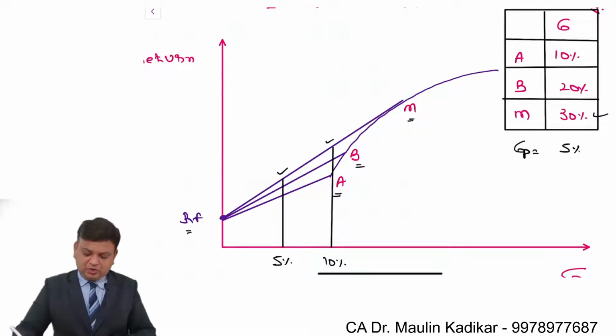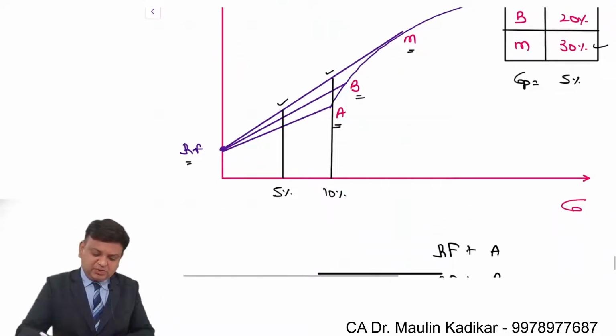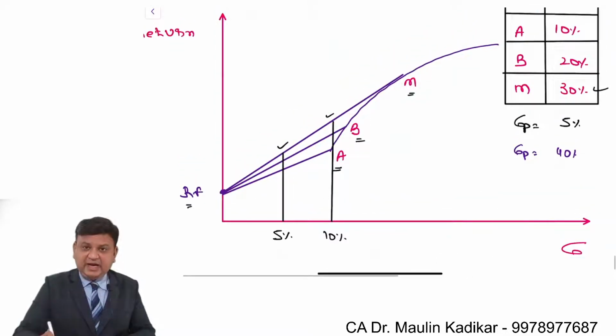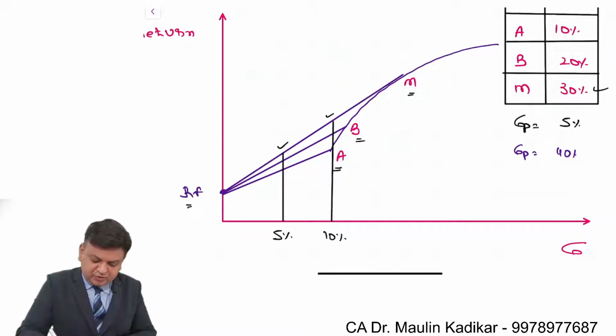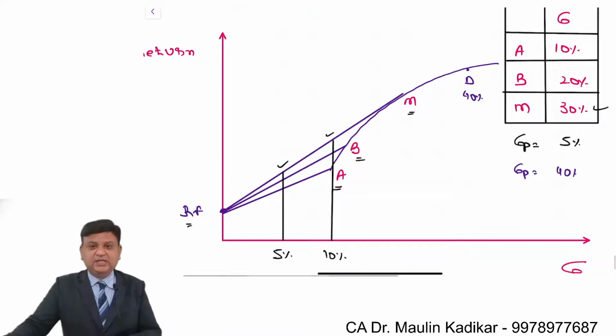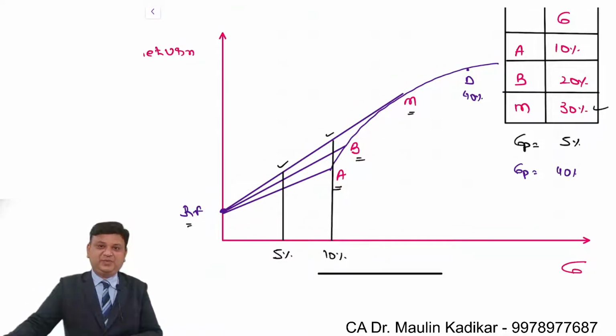Now my next question to all of you is this. Suppose the risk bearing capacity of the investor is, let us say, 40%, and there is a portfolio D, for Delhi portfolio, which has a standard deviation of 40%. Then how should the investor make investment?